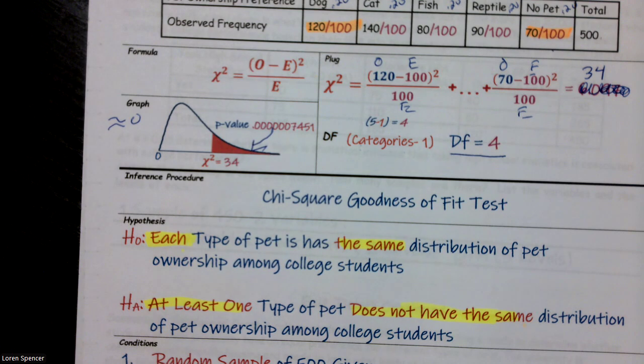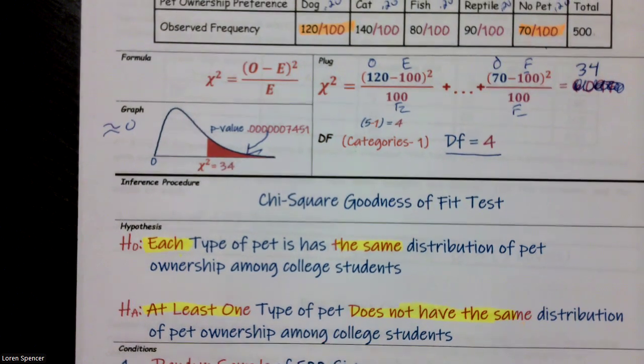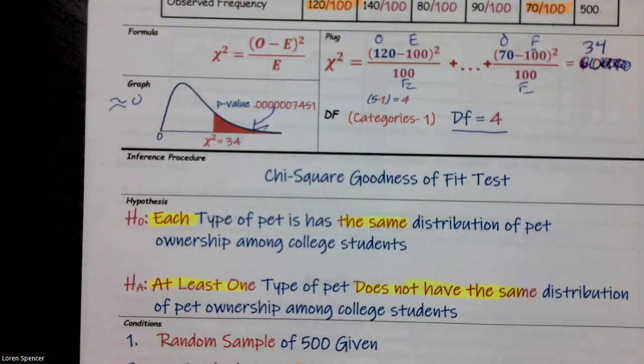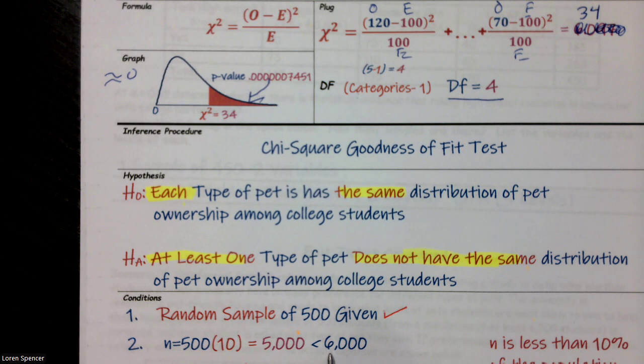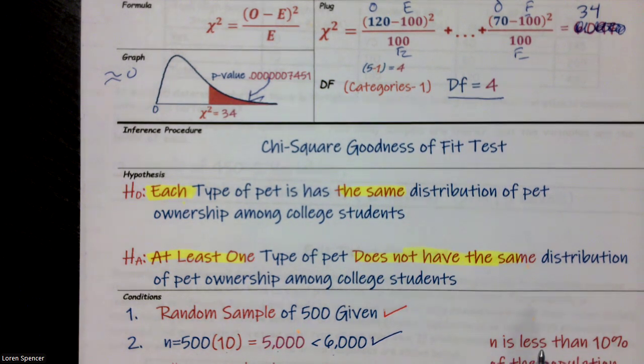The next thing, our conditions. First condition, random sample. We had a random sample of 500 and that was given to us. The next condition, we need to make sure our sample is not too big. So we multiply it by 10 and compare it to the population. They gave us a population size of 6,000, and 500 times 10 is 5,000. That's less than 6,000. It ain't too big. We're good to go. So N is less than 10% of the population.